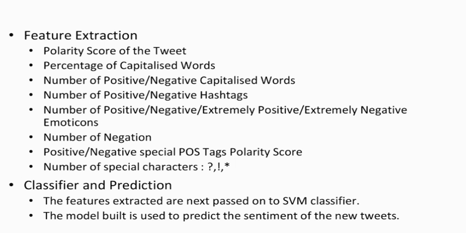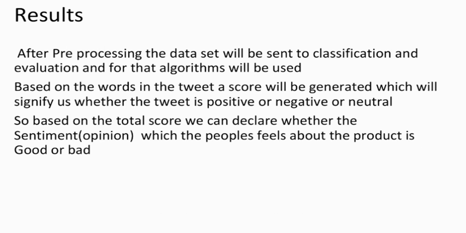The number of special characters. So these are the features which are present in the tweets. So these have to be extracted. Then the data will be processed by the classifier for prediction. So the extracted features are next passed to an SVM classifier. The model built is used to predict the sentiments of the tweets. So first we have to classify the tweets, and then we have to apply predictive analysis to find whether the sentiment is good or bad.